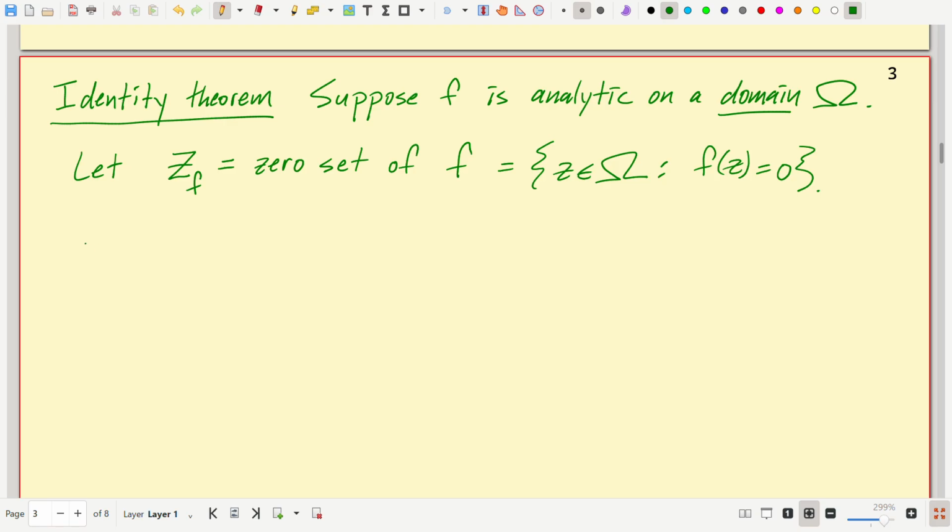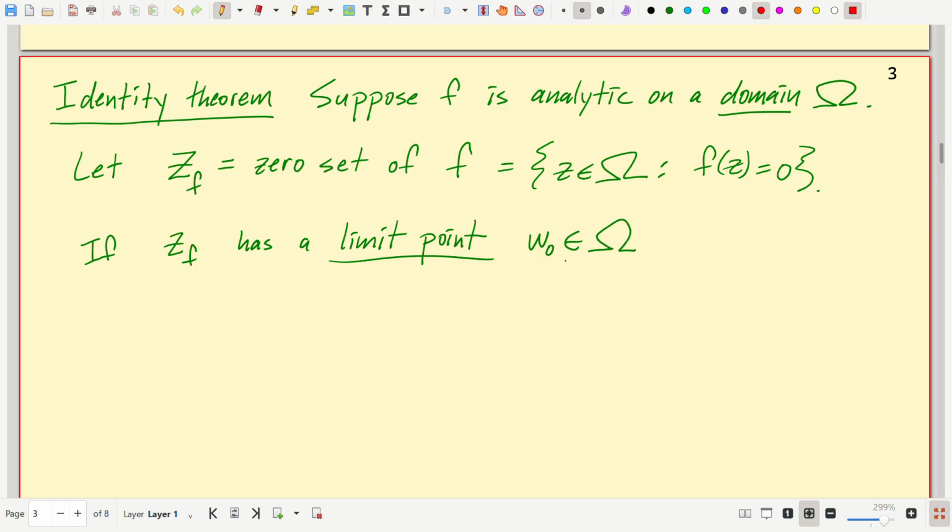So, if that set of zeros has a limit point, you might remember from Math 341 that word, a limit point, w naught in omega. So the fact that that limit point is in omega is important. It could have a limit point on the boundary. That would be okay. But if it has a limit point in omega, then f is identically 0.